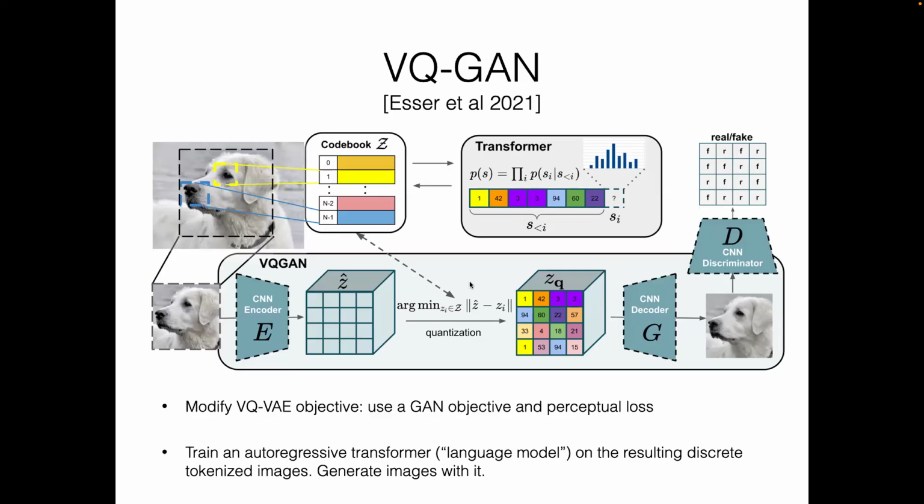Then they take a really large data set of images and turn them into tokens. And then up here, it's being visualized that you could just learn this autoregressive language model to generate the tokens. Okay, then if you've generated one of these token sequences, then you could try to produce an image.